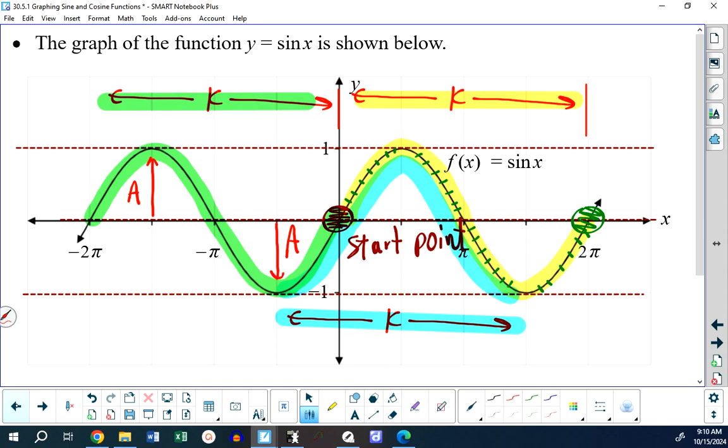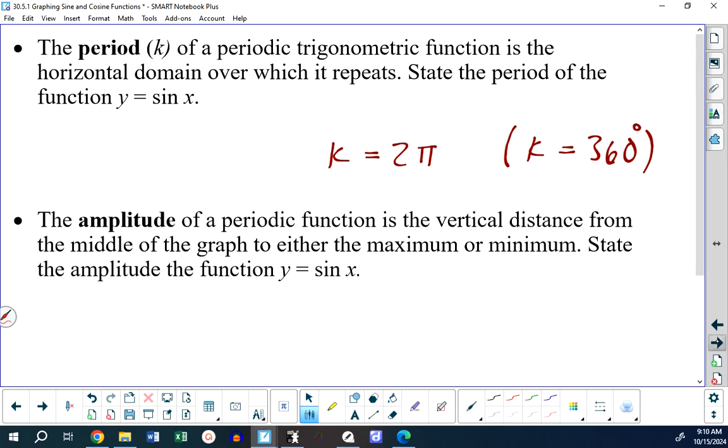It's half of the range, I guess, is maybe the way to look at it. So the amplitude of y equals sine of x is 1, because that's where it maxes out on the unit circle before it starts going back down to 0. So the amplitude is 1. And we use capital A for the amplitude, not lowercase a.